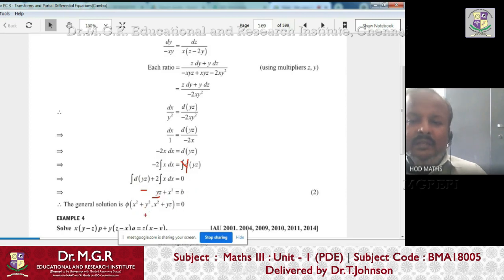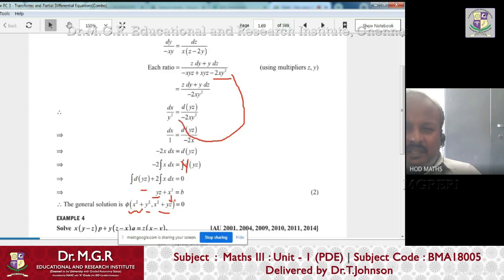u is nothing but x square plus y square, right? But b is nothing but x square plus yz, right? So this x square plus y square you found by equating 1 and 2, but this x square plus yz you found after doing this step, and then again you connected this with the first equation and found the solution.